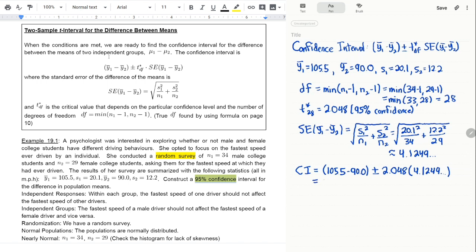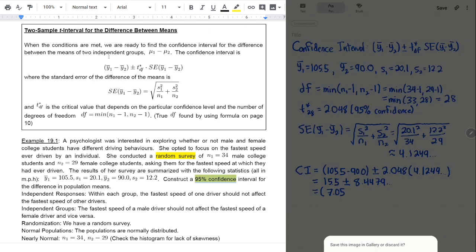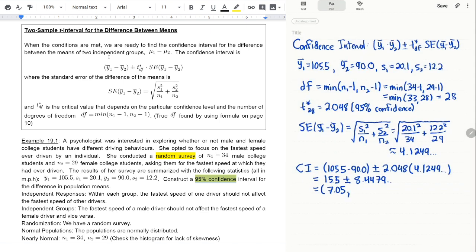All right, so we get 15.5 plus or minus a margin of error, which is 8.4479. And so that gives us our confidence interval, which is 7.05 to 23.95. Okay, and here I'm just rounding to 2 decimals.